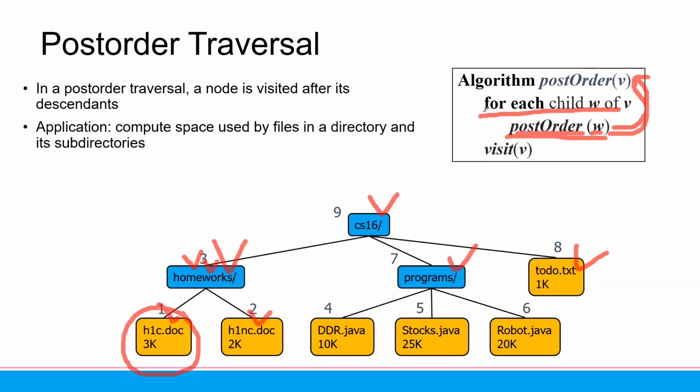And for each child, because this child has no descendant, then we will just do the visit. So it will be checked, it is visited. After we check this visited, then it will go back to the previous one, and we go to the next column. So this is the post order traversal.